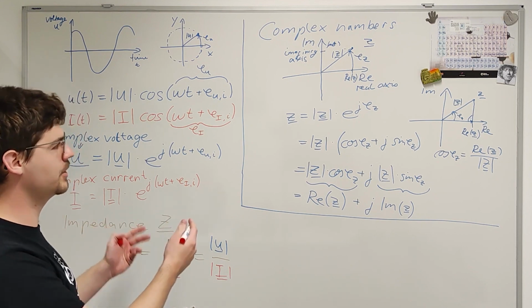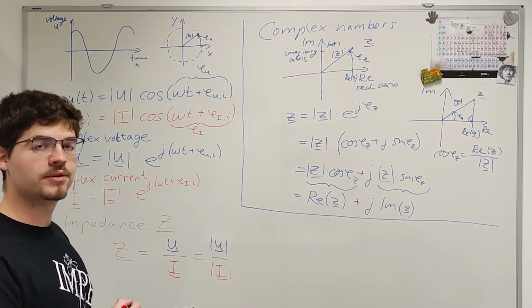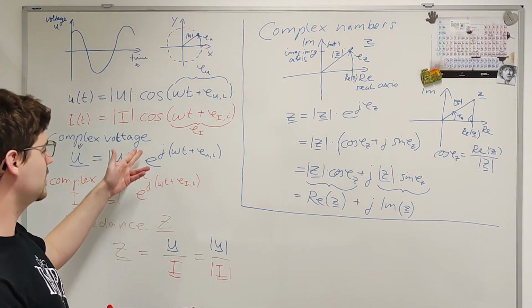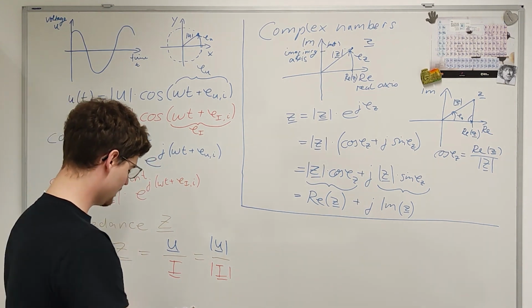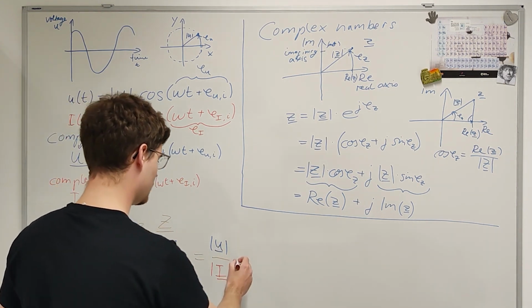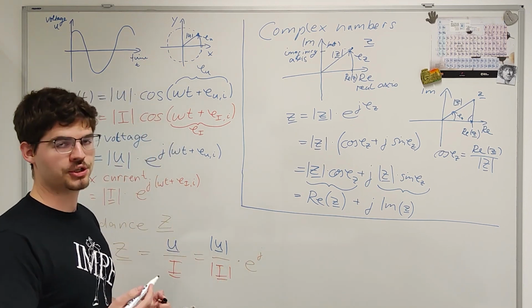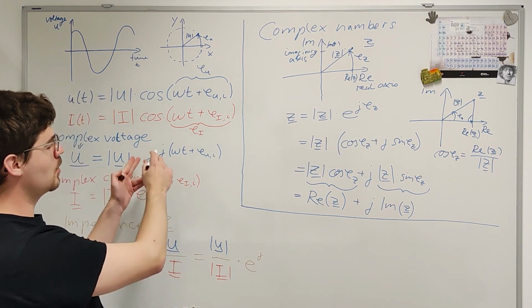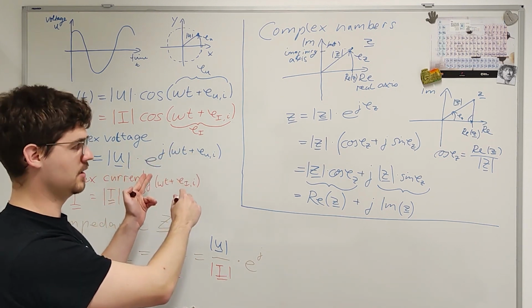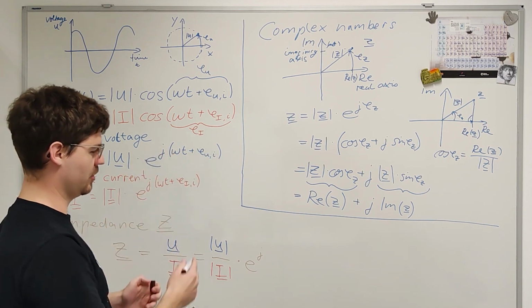This will be some amplitude, and it's mathematically simple to handle. And the second part of this impedance is the division of these exponential terms now. If we divide exponential terms, what we will get out is an exponential term where the exponents are subtracted. So this exponent will be subtracted from this exponent.